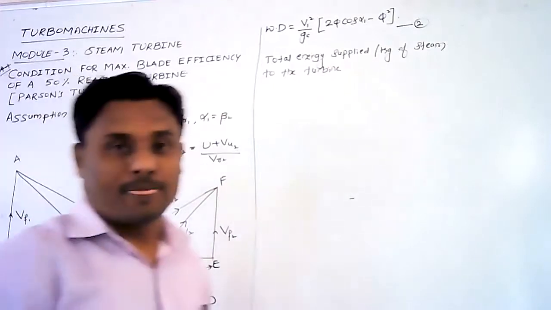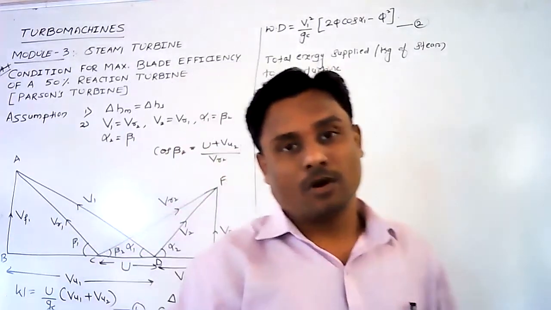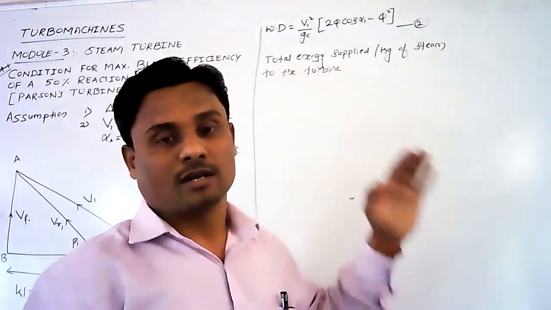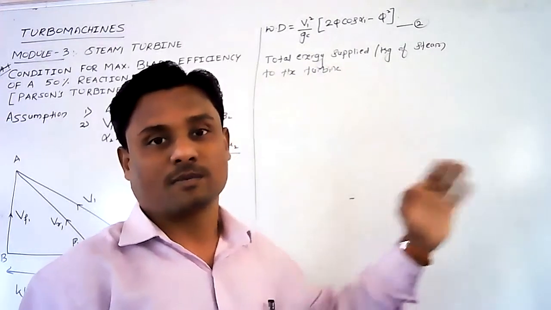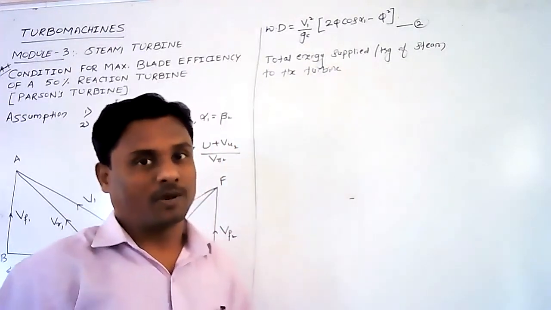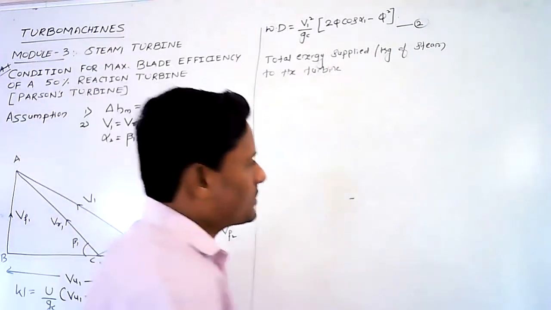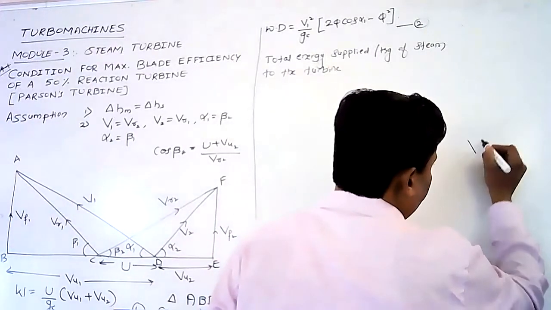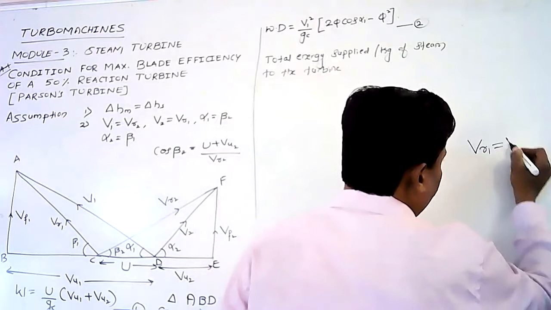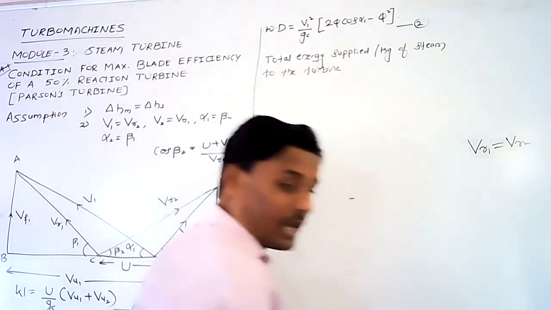It is given by the sum of energy supplied to the runner and the energy supplied to the fixed blade. Because in case of impulse turbine, we have seen that VR1 is equal to VR2.